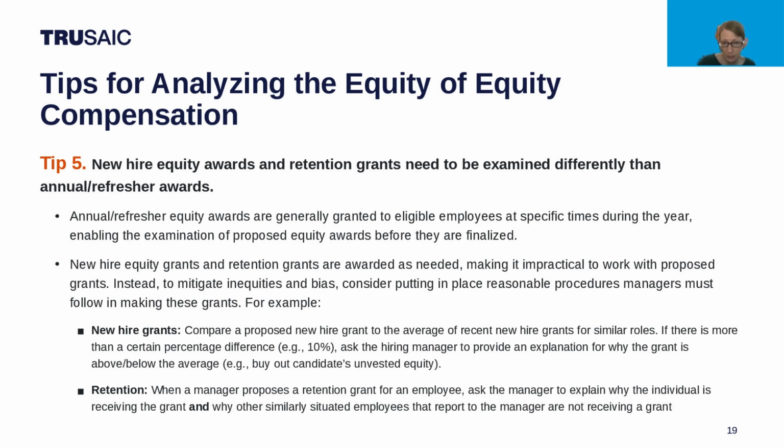There are legitimate cases in which you might expect a new hire grant to be greater than the company norm, but you want to vet these explanations. As a common example, in some cases when you bring someone in, you need to buy out a job candidate's unvested equity, and that could easily lead you to giving them a new hire grant that exceeds the typical for others in a similar role.